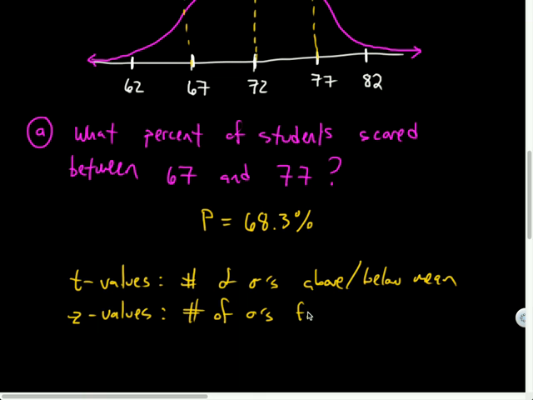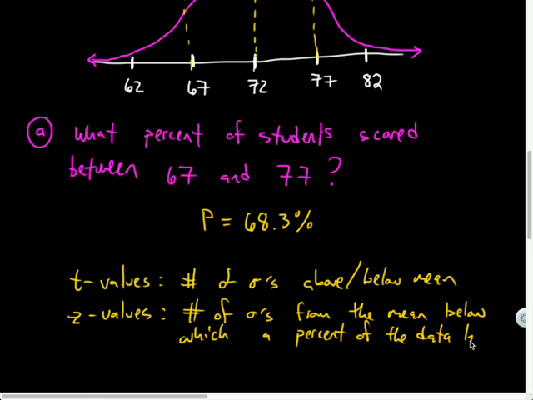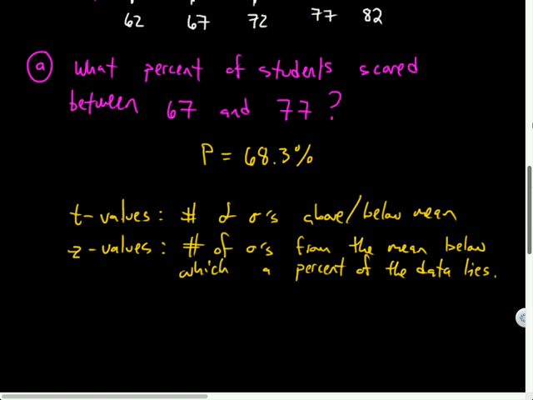From the mean below which From the... a percent of the data is. It is not above. Mr. Wani, I just ran out of room. Sorry, I just did two a little bit.